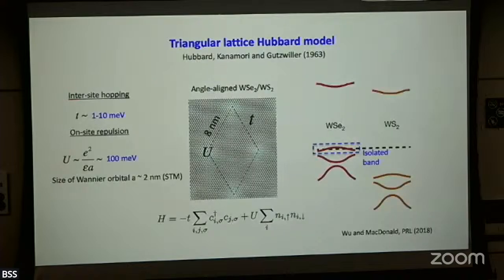So let me come back here. The transition we're looking at is from here to here. Or if it's the other layer, we'll be looking at this transition. So they are at different colors. So you can look at different layers this way. That's the selectivity I was talking about. You okay? This is the same material, the K and the K prime.